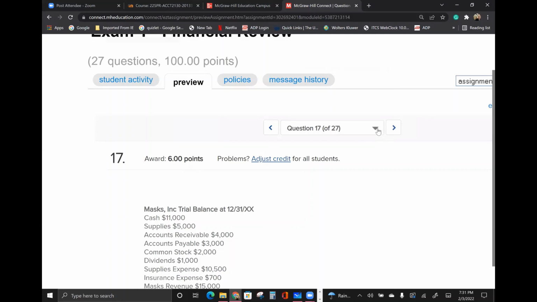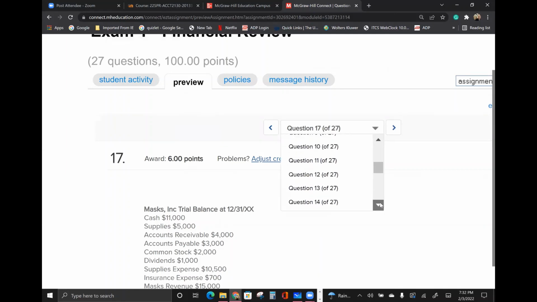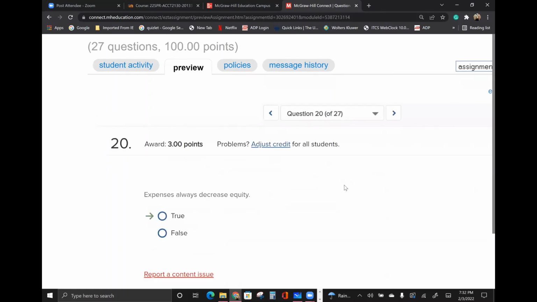So just keep that in mind. Revenues minus the expenses is your net income. This is another one. Expenses always decrease equity. And that would be true, if you think about what's happening with an expense.